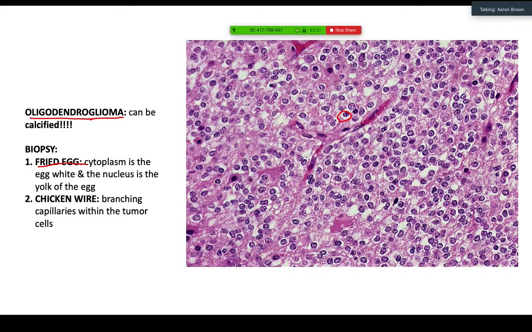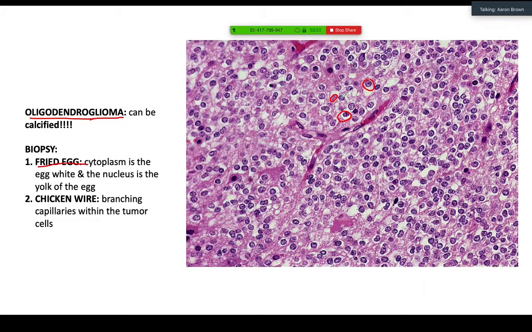These cells always make me think of those, because we have this area of clearing in the cell and then a very diffuse nucleus. The nucleus is normally dark, nice and tight. Here, these nuclei are very spread out. There's areas of clearing inside the nucleus if you really look close.